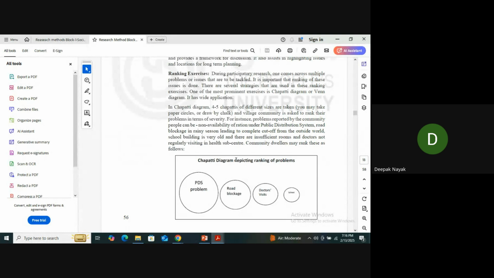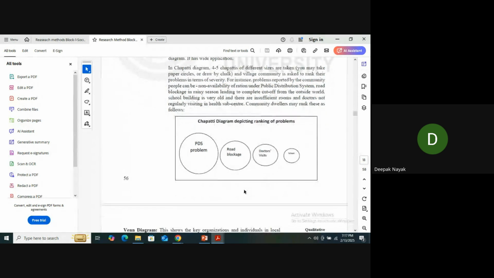They conduct wealth ranking among the people, and along with this, they also try to rank different facilities in the village, which is the largest benefited service provided in the village.